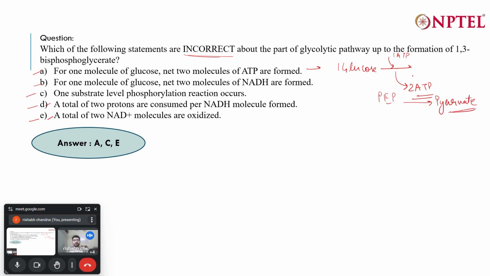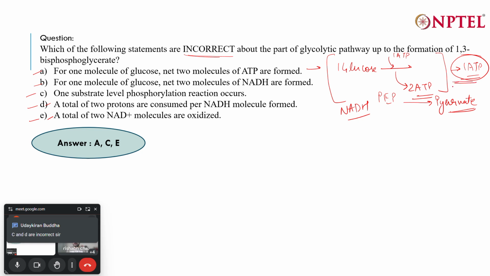So in that case, the net ATP formed from this is 1 ATP. Here we are not counting the ATPs from the NADH molecule. So the net ATP formed from one glucose molecule is 1 ATP. So this option is false.